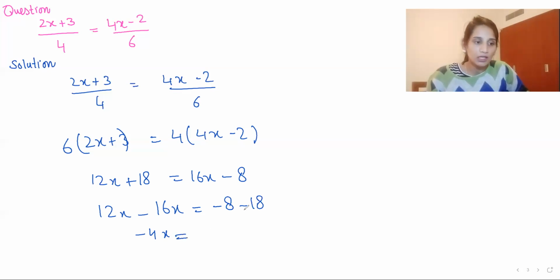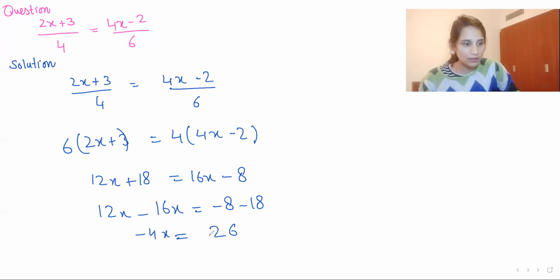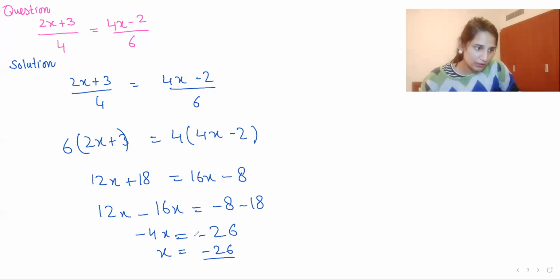Equal to minus, minus plus, so 18 plus 8 would be 26, and the sign of the bigger value would be minus. Minus 4x now will come here and divide minus 26, and this minus would be cancelled out with the minus.